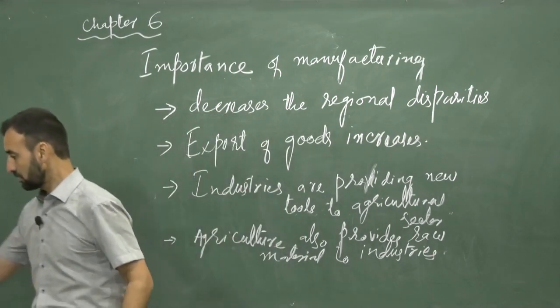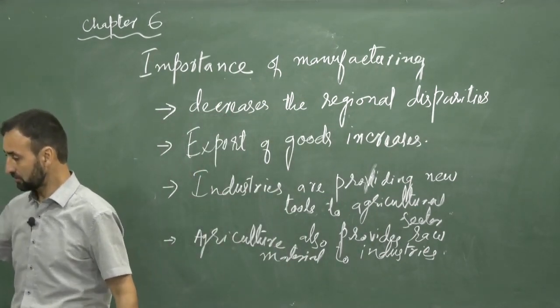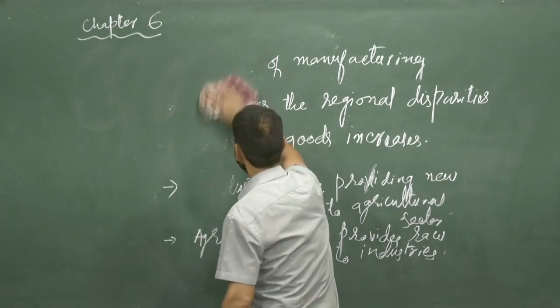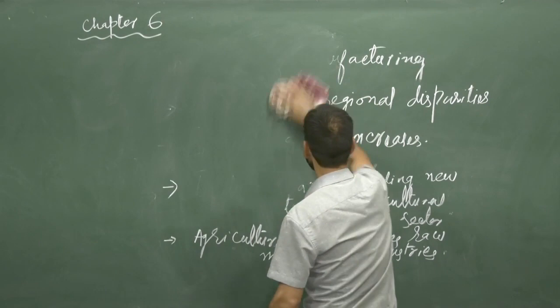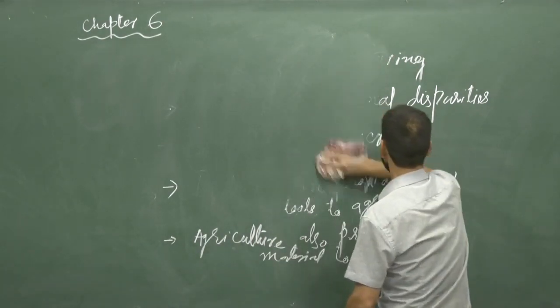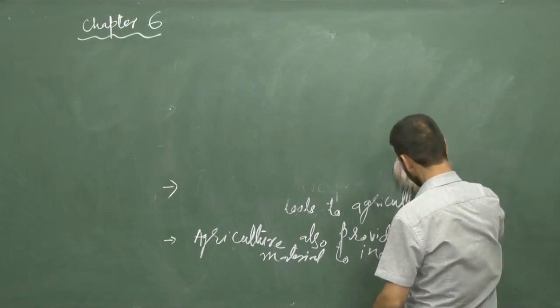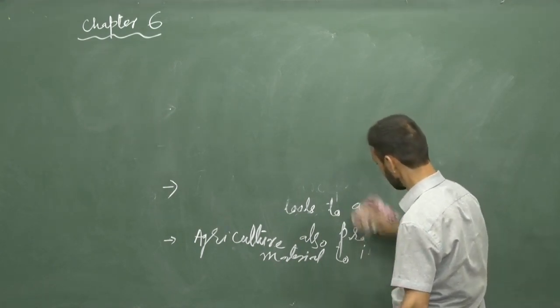In this way, another concept related to this chapter is the contribution of industries to the national economy. That was the importance which we have completed, and the definition of manufacturing industries.